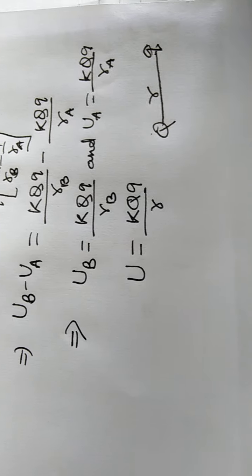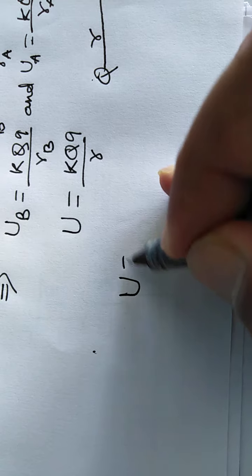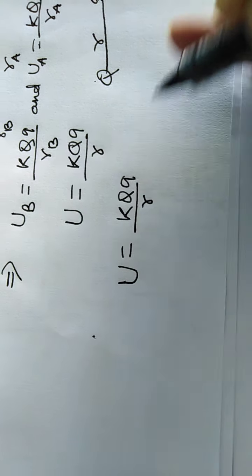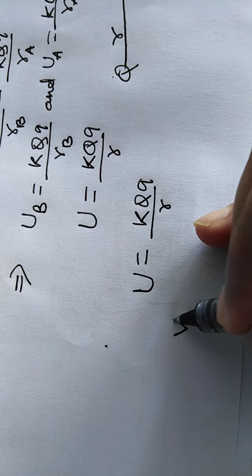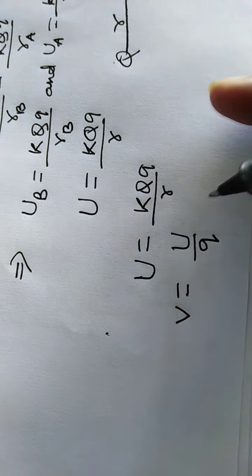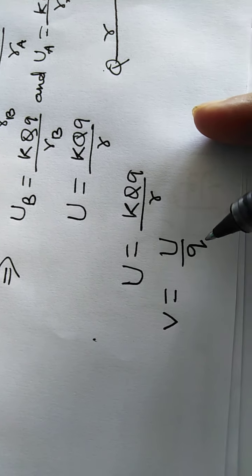Now we come to the concept of potential, electric potential. So U is kQq by r. Now electric potential is defined as potential energy per unit charge. Now which charge has to be taken? The test charge has to be taken.